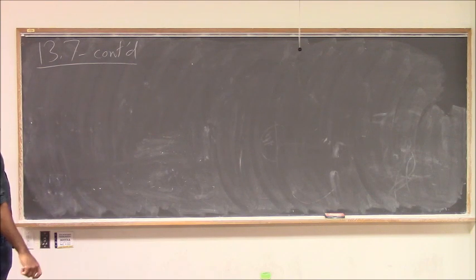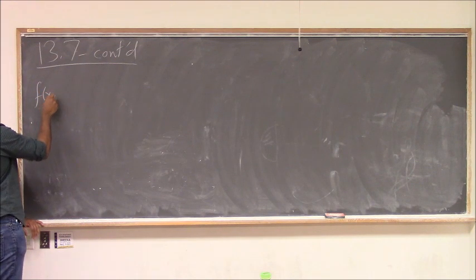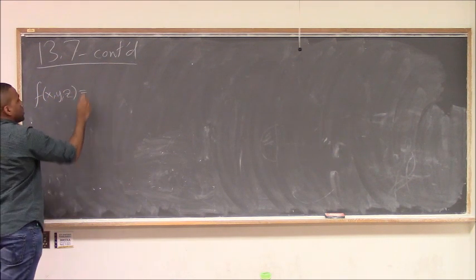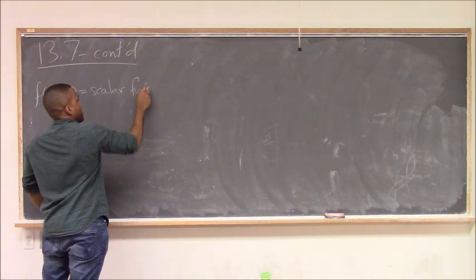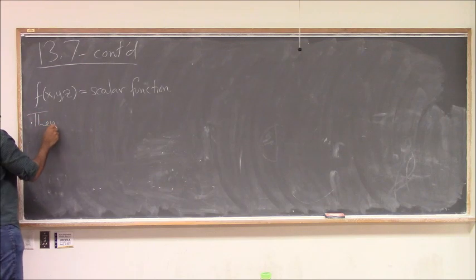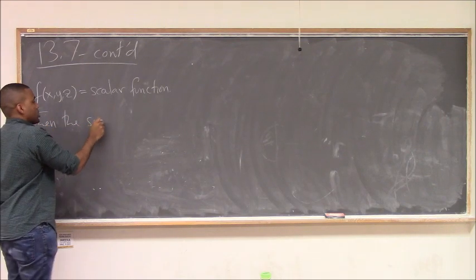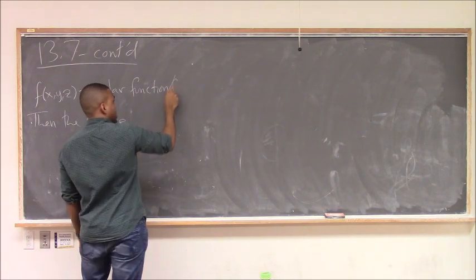So let's review where we are. F of x, y, z equals some scalar function. Then we can talk about the surface integral. It's sometimes referred to as a scalar field.